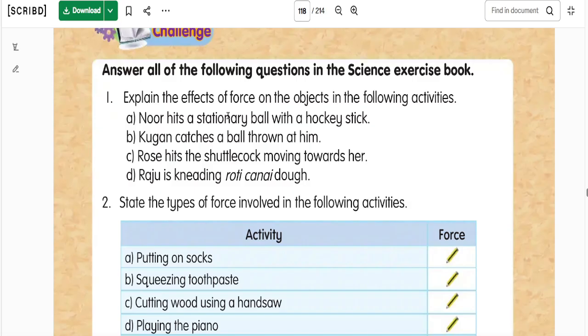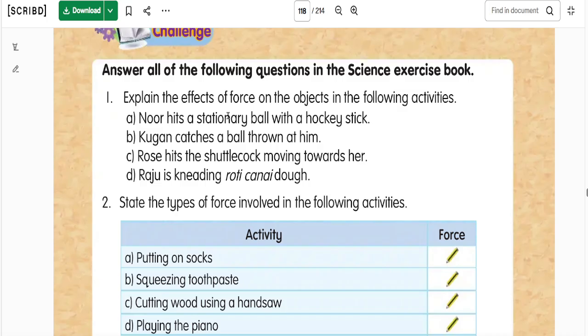What type of effect is this? What type of effect of force is this? Answer me. What do you mean, what type of force? We learned effects of force, right?